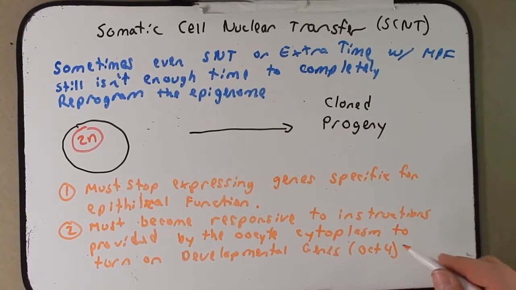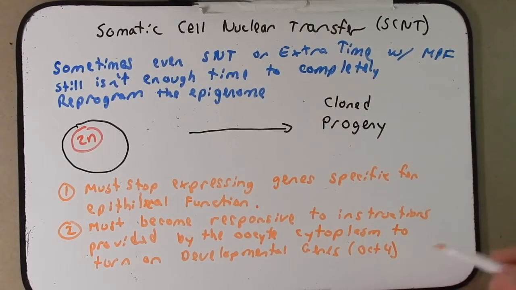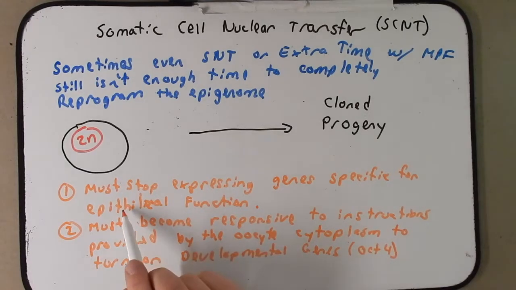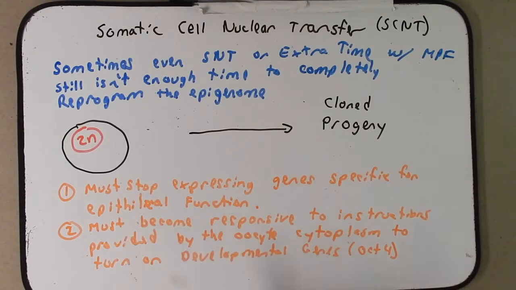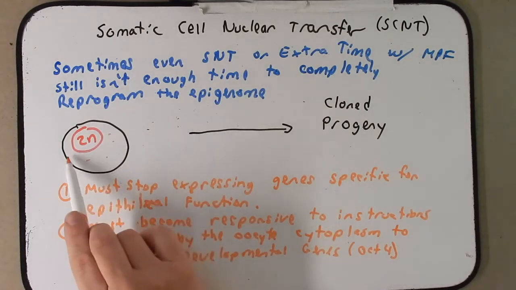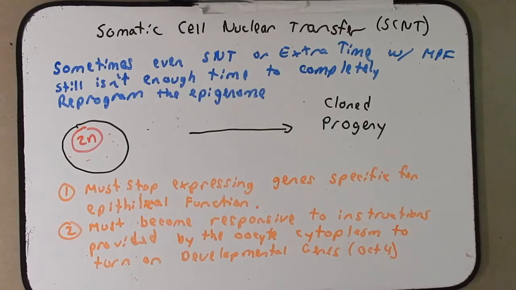Remember, OCT4 is going to be important to be turned on so that when we begin to make pluripotent stem cells, it can maintain those pluripotent stem cells. In the epithelial cell where this DNA originally came from, this gene would be turned off. It does need to be turned on now, but what this point is saying here is the factors in this cytoplasm, this DNA has to be able to respond to it, so we can turn on specific genes.